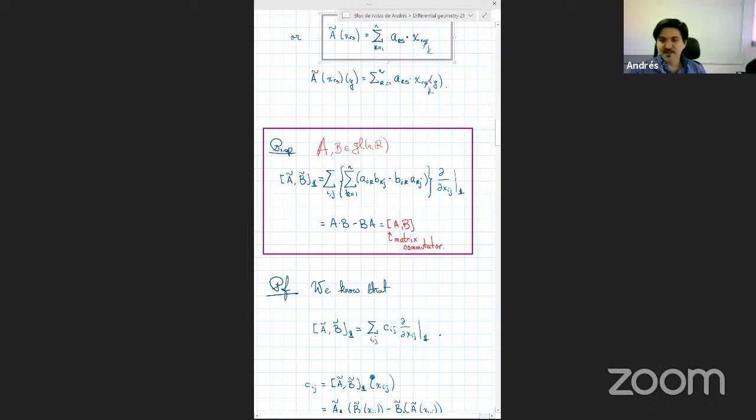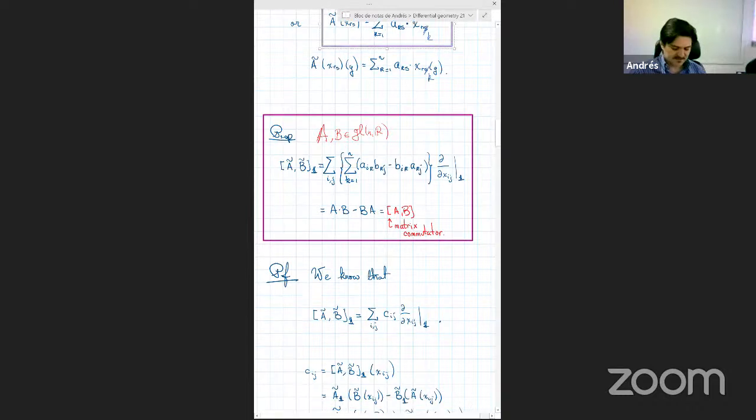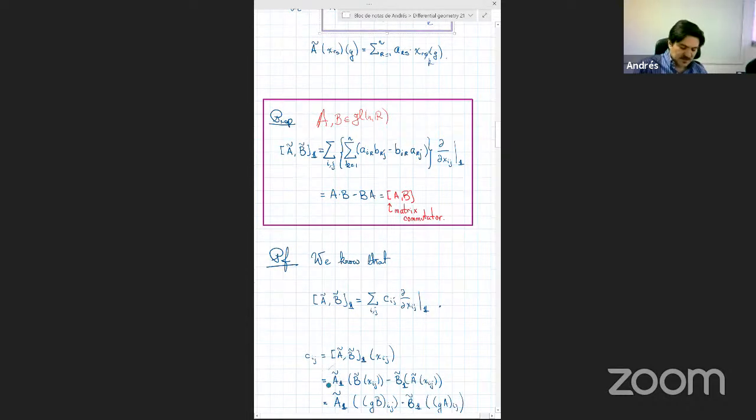Now, we use the definition of the Lie bracket of vector fields. So is this vector field at the identity evaluated at this function? And now this vector field evaluated at this other function. Now, we know what function this is. Remember?